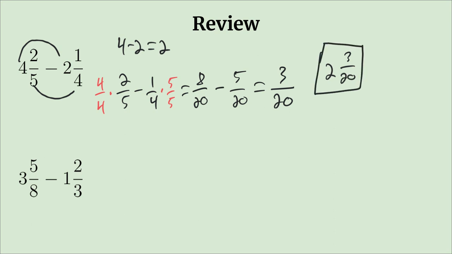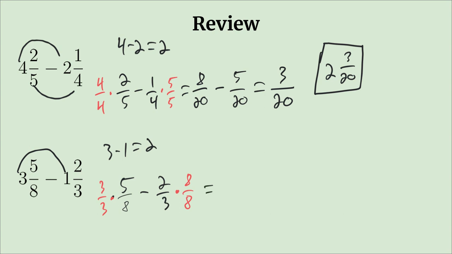For the second one, 3 minus 1 is 2, and then 5/8 minus 2/3. So those both go into 24, so we're going to multiply the left side by 3/3, the right side by 8/8. 15/24 minus 16/24, which is negative 1/24.